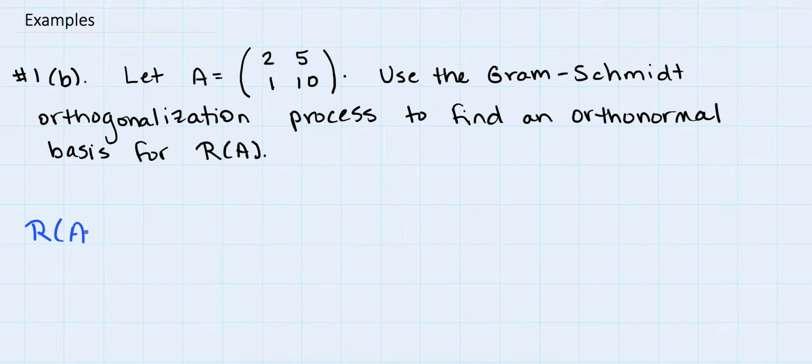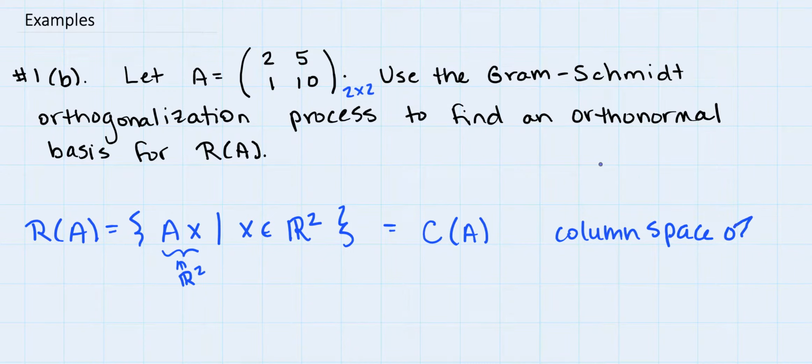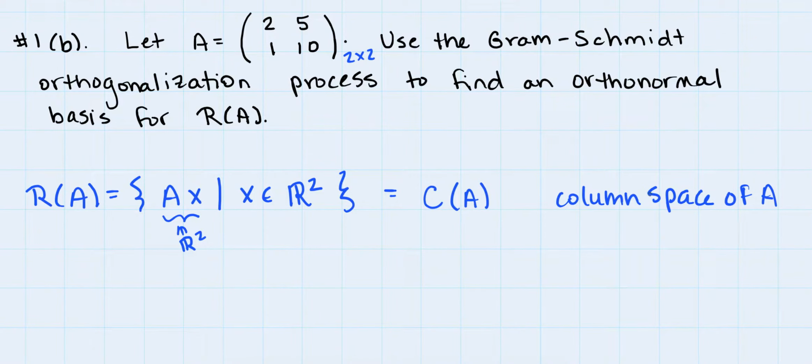The range of A is all the vectors AX such that X belongs to R2, because this is a 2 by 2 matrix, and this also belongs to R2, and the range is the column space of A. So maybe if we just figure out what the column space of A is, that will give us the range a lot quicker than actually dealing with this formula here, the set notation. So let's find the column space.